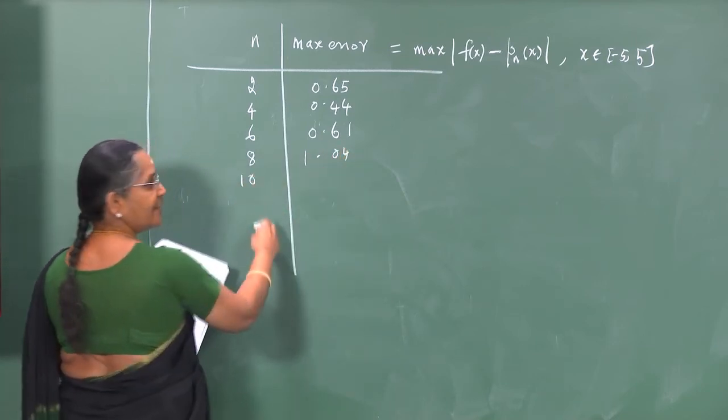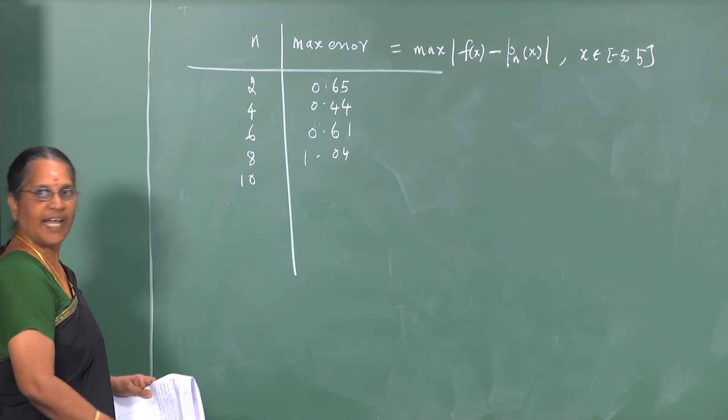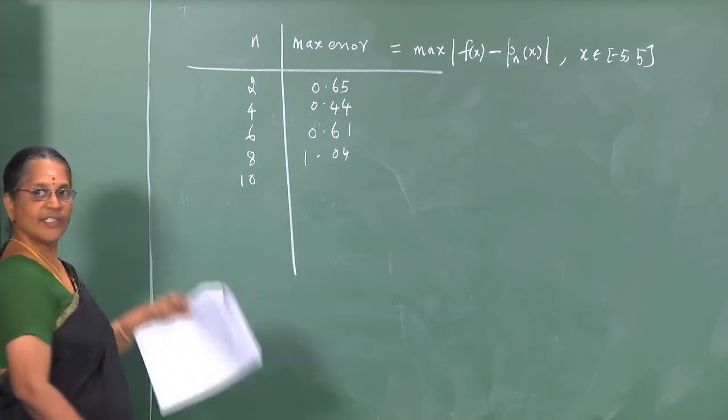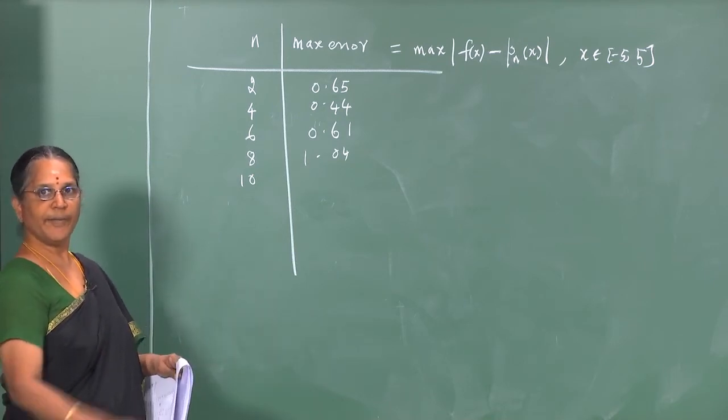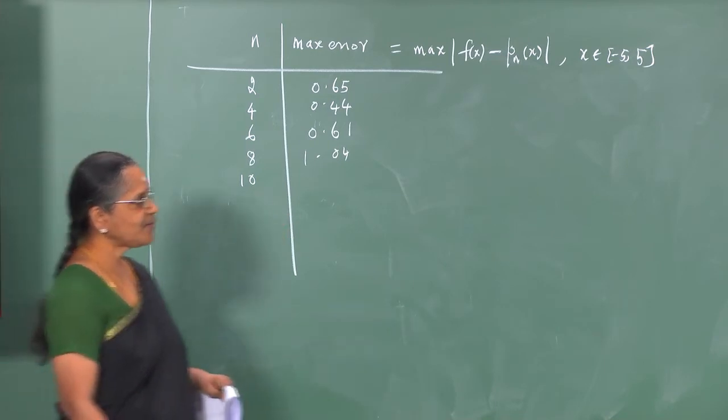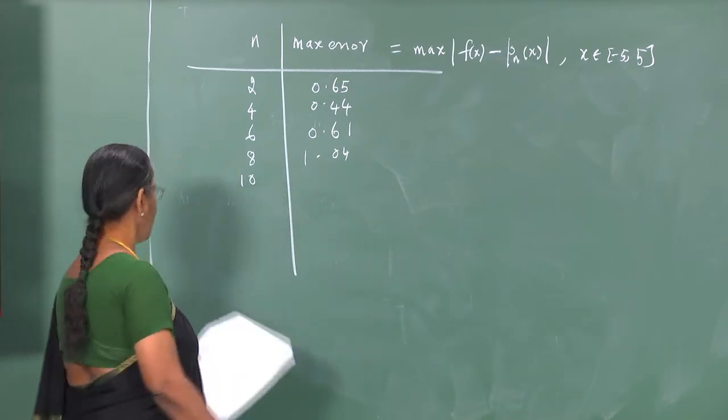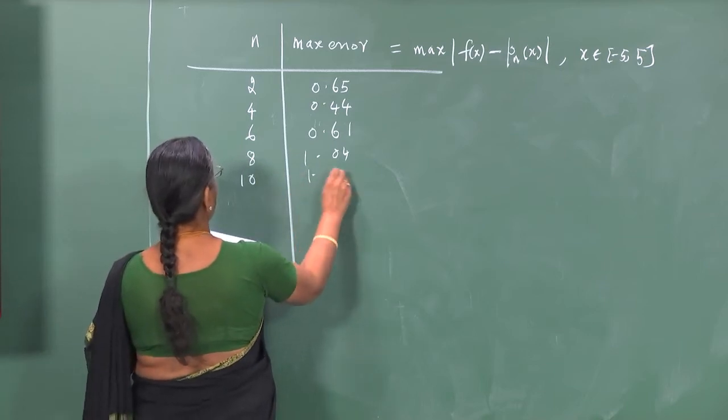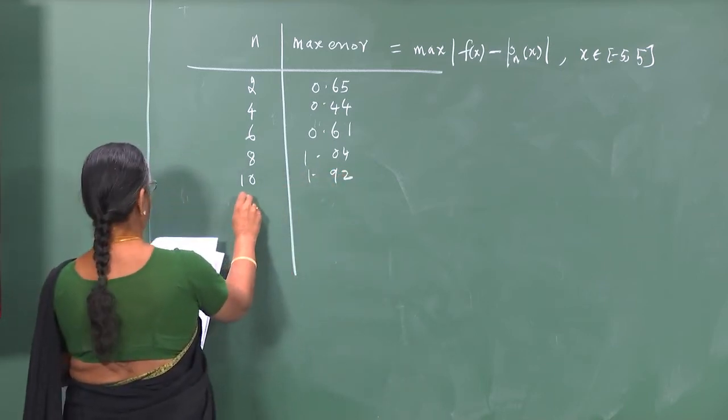I shall give the details for some more n values, where n denotes the degree of the interpolating polynomial that interpolates the function f(x), which is 1/(1+x^2). This was 1.92 when n is 10.